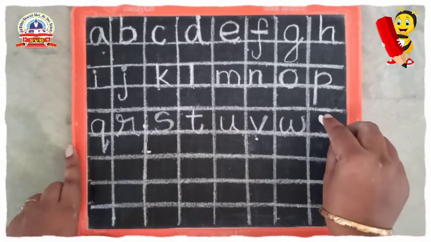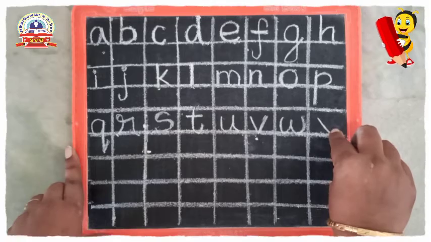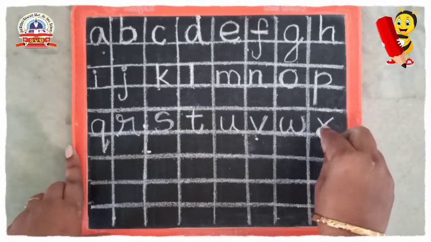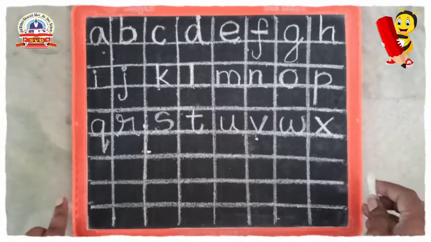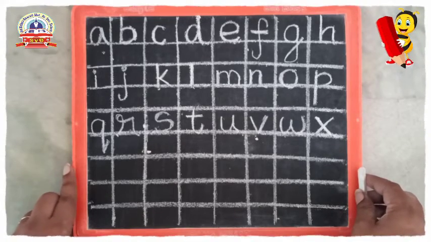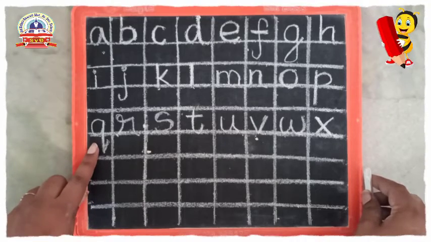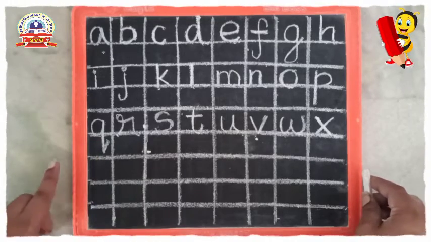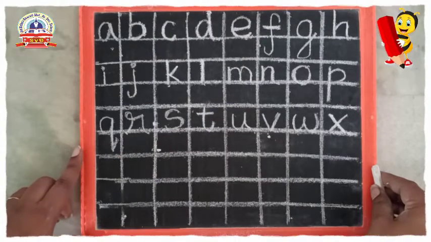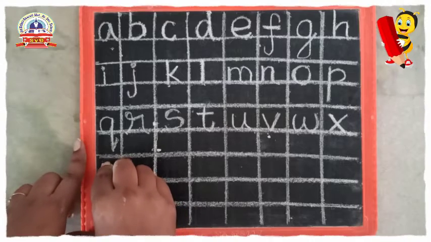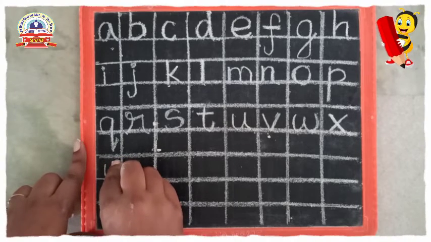Next comes X. Next sound is E. Children, leave this line, write in the next line. E. See here. Next comes E. Upper curve should touch the ending line.